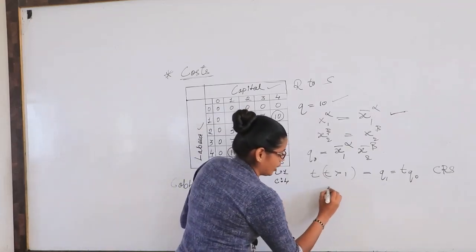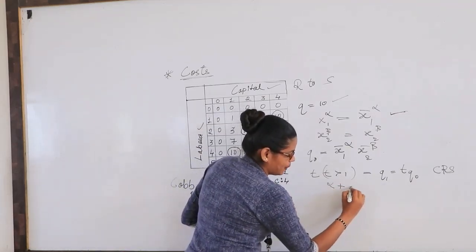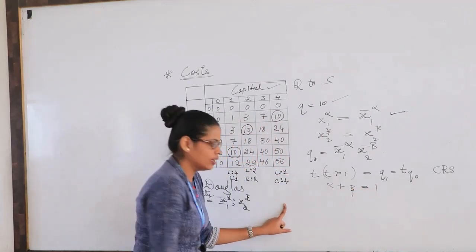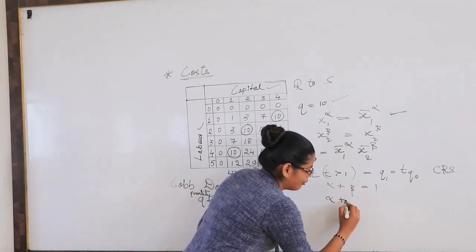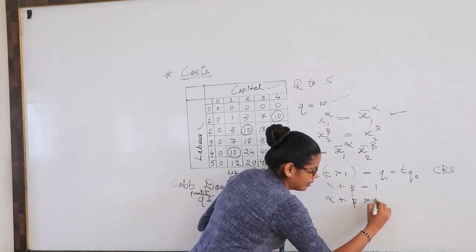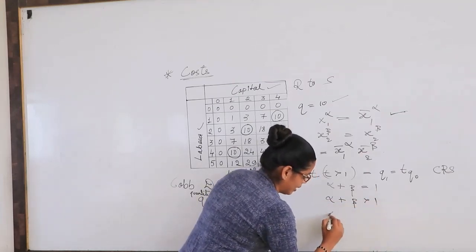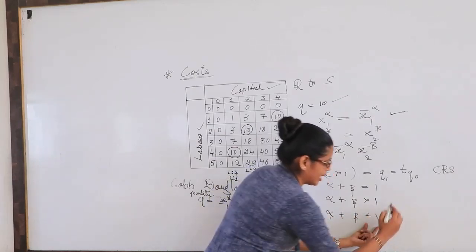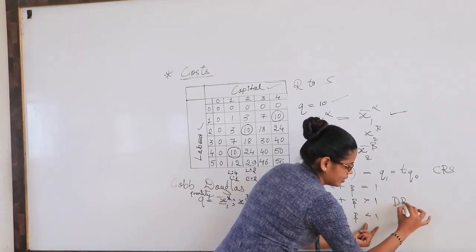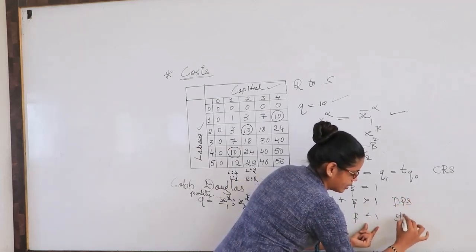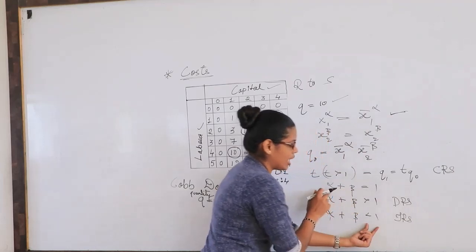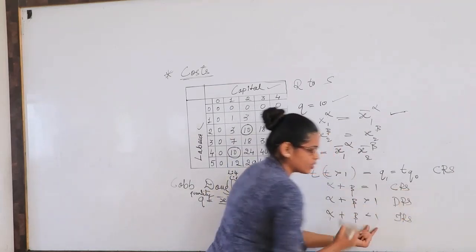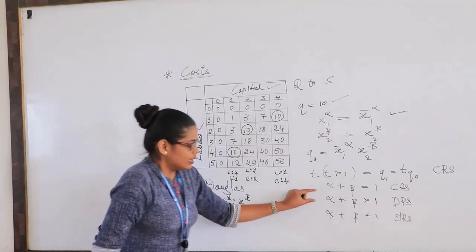Here in this situation, alpha plus beta will always equal 1. And when alpha and beta sum to less than 1 or to more than 1, you can say this is decreasing returns to scale and this is increasing returns to scale. So when both are equal, then we call it constant returns to scale.